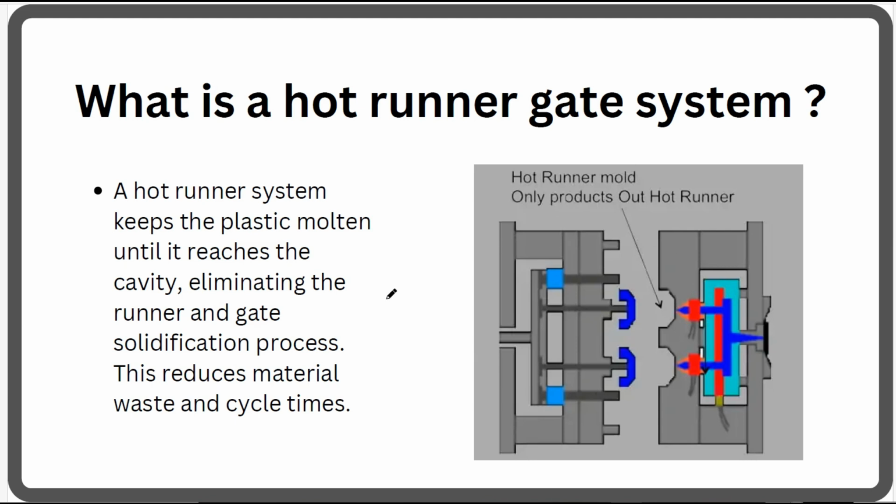We can continuously pass the molten plastic, and there is no need to trim the runner area. So there is very little material waste, and the process is fast, so the cycle time is also very short.